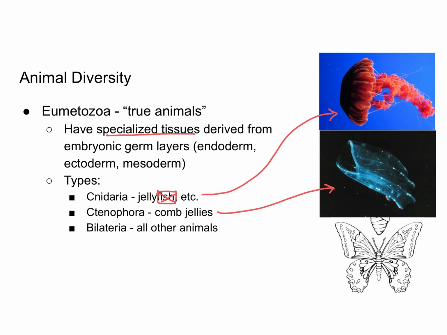And then bilateria are all the other animals. And so this includes things like insects, but also things like reptiles, amphibians, mammals, humans, et cetera, et cetera. So essentially everything except sponges.